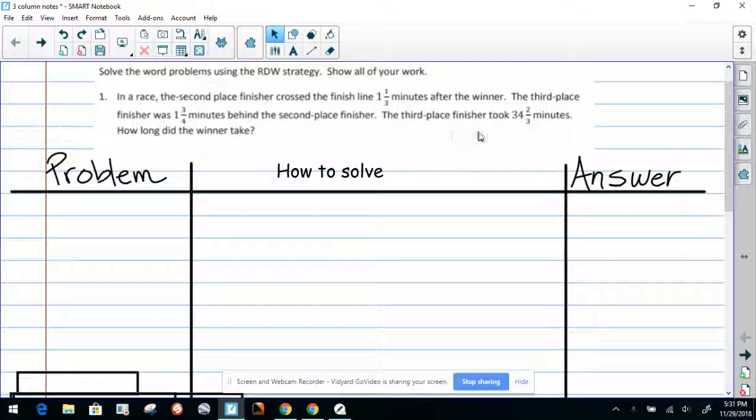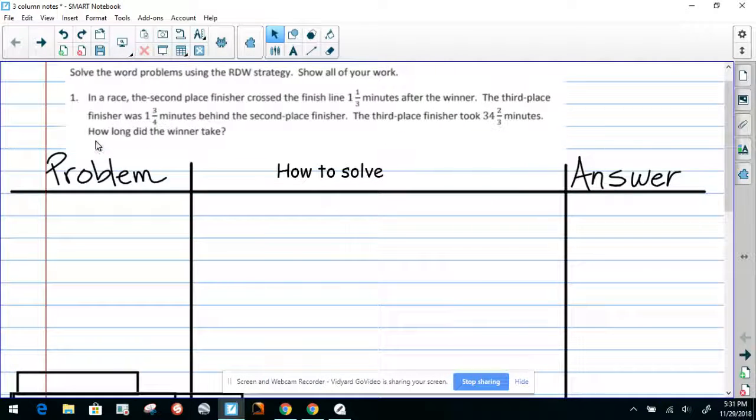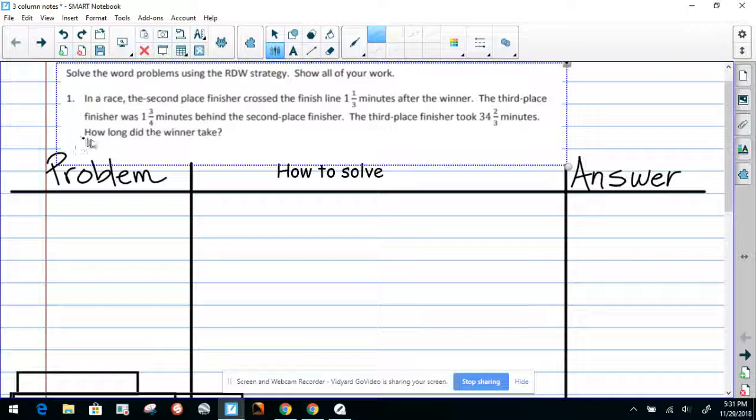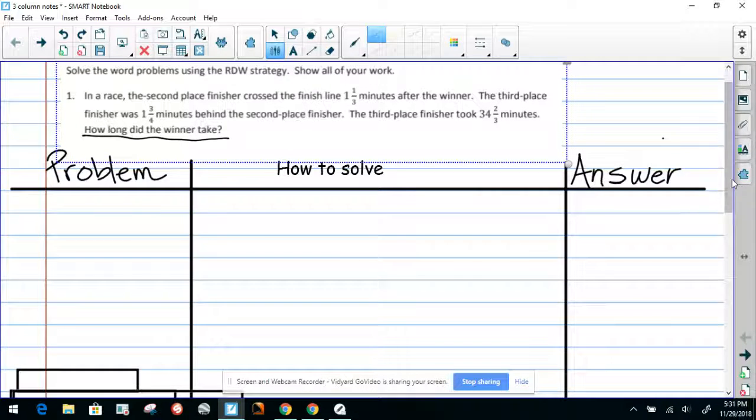The third place finisher took 34 and 2/3 minutes. How long did the winner take? So we don't know how long the winner took, and that's what we need to answer.